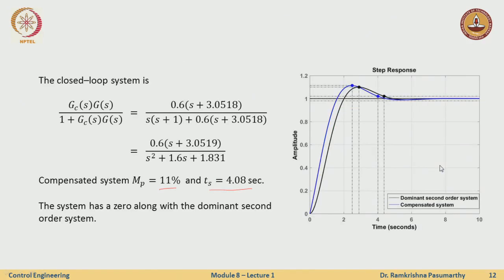Now let us see how close are these two plots. First, all my specifications are in terms of dominant second order poles. What I designed in terms of zeta, omega n and the appropriate k was only in terms of the response of a standard second order system.